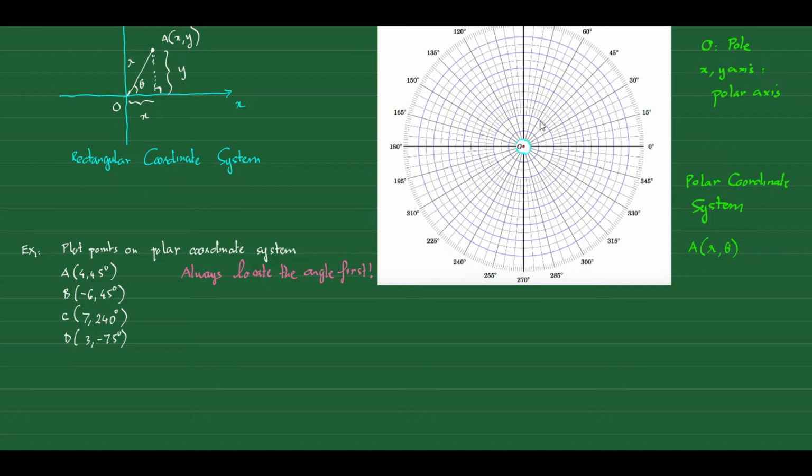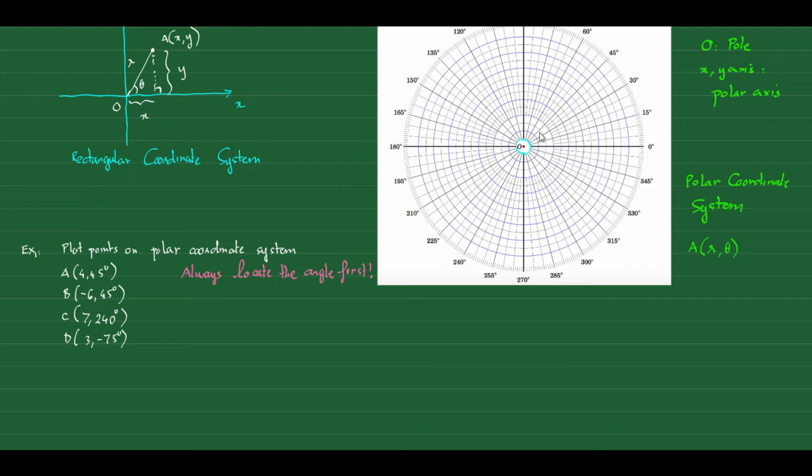1, 2, 3, 4, and 45 degrees. So it's right over here. Right over here is the location of point A. I think I'm gonna use a different color.